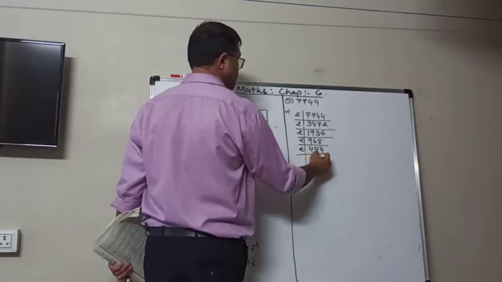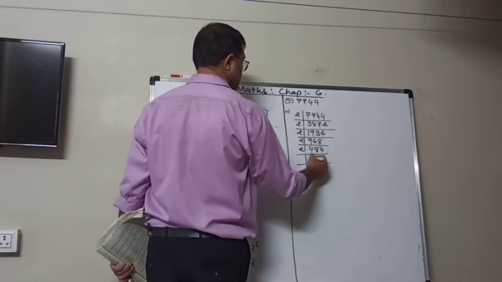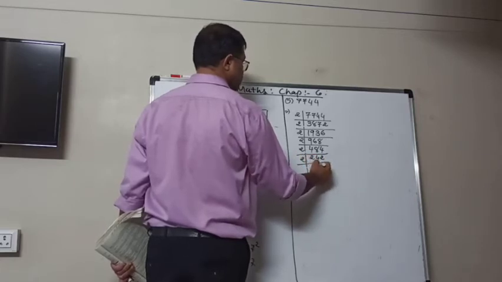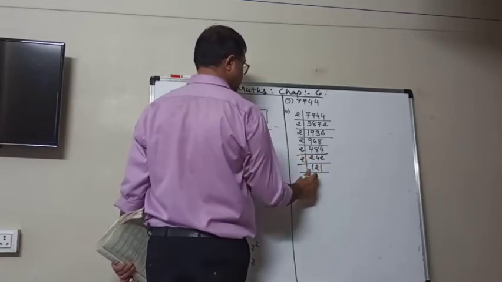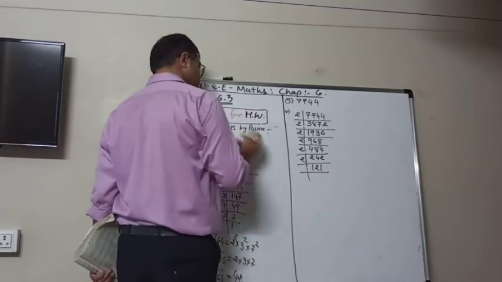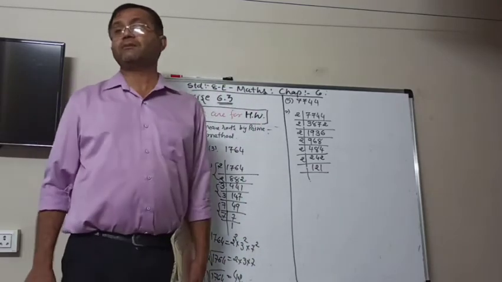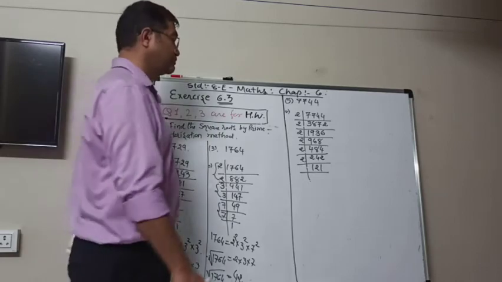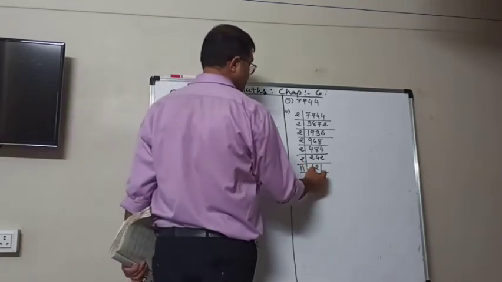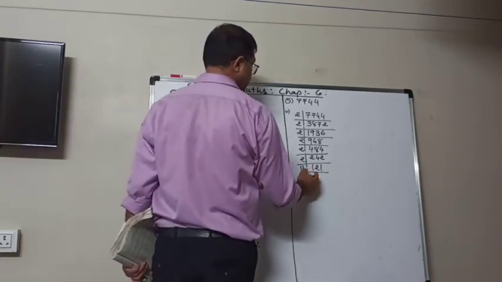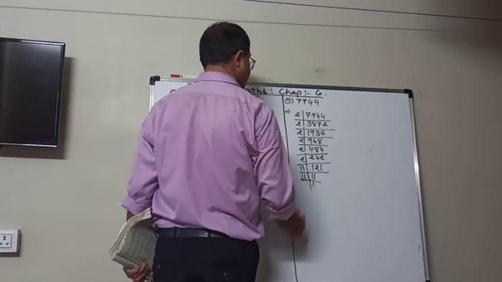Now 2 2s are 4, 2 4s are 8, 2 2s are 4. 2 1s are 2, 121. Now 121, you should remember that it is the square of 11 and 11 is a prime number. So you can write down 11, 11 1s are 11.